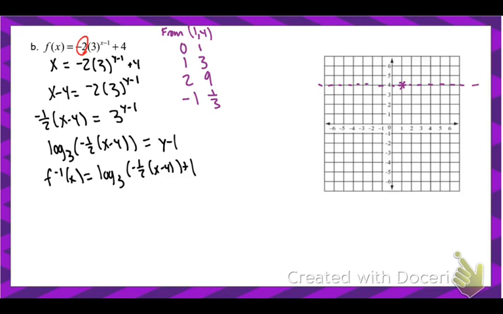We've been reflected over the x and vertically stretched by 2, so I'm going to multiply those by -2. From that 1, 4 point, I'm going to go over 0, down 2, right 1, down 6, and then right 2, down 18 is not going to quite fit on my graph, but it shows you how steep that curve is going to be. And I've also gone left 1, down 2/3. So there's my exponential graph.